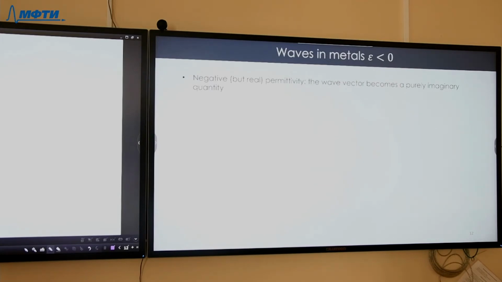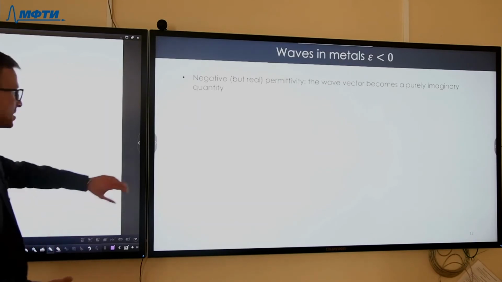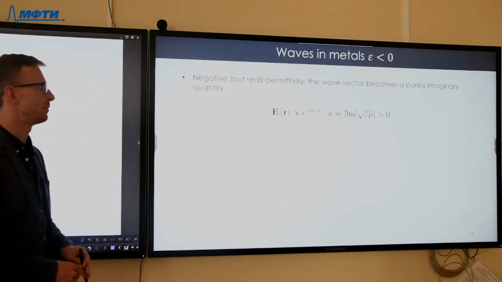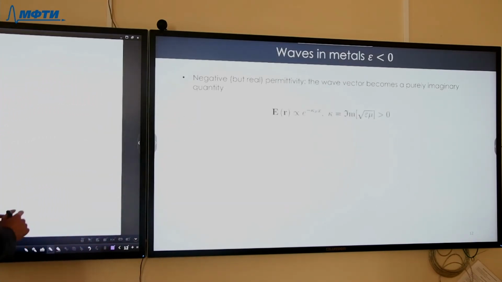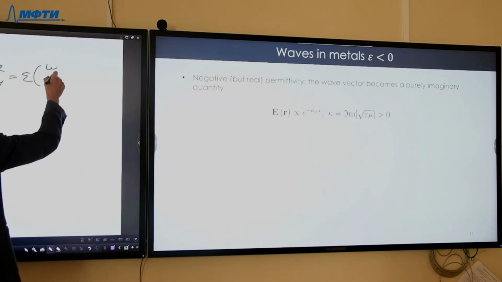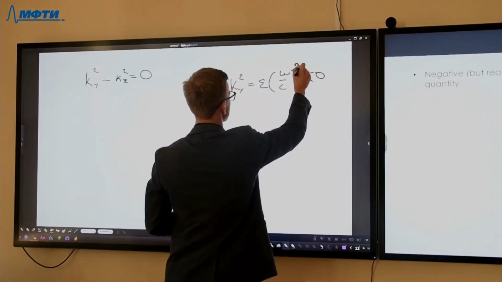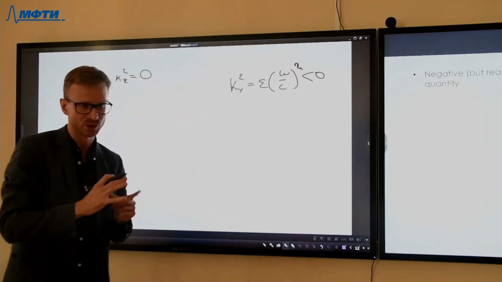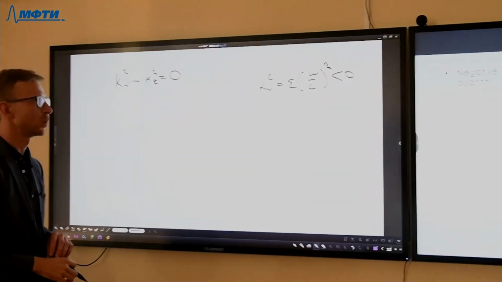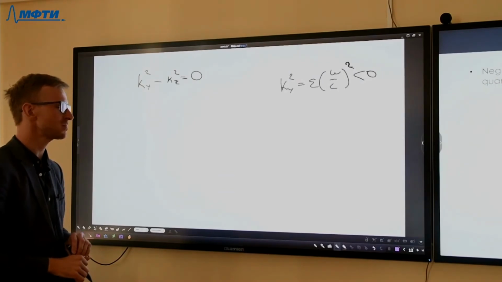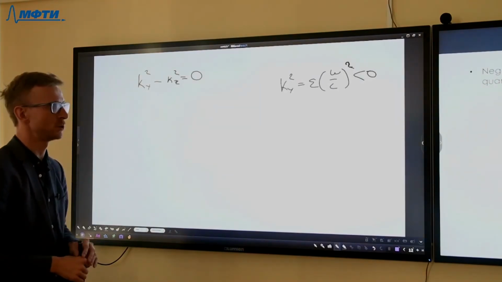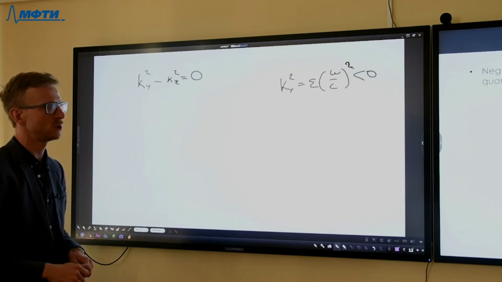Now our dispersion equation says that the wave vector must be imaginary because kx squared equals epsilon, which is less than 0. If we don't consider this trick with evanescence, with complex valued wave vector, then kx must be purely imaginary, which corresponds to pure exponential decay of the fields in space.